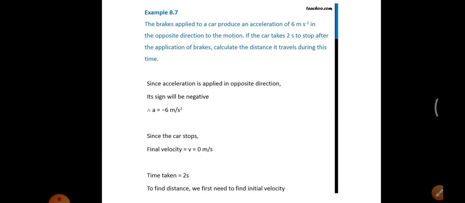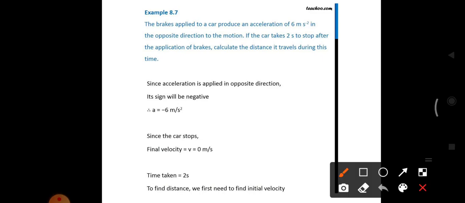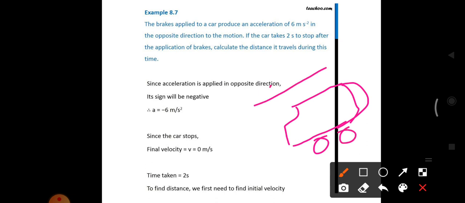If the car takes 2 seconds to stop after the application of brake, calculate the distance it travels during this time. So you have to take a car. The car is moving in this direction. When we apply the brake, definitely the car will move back.